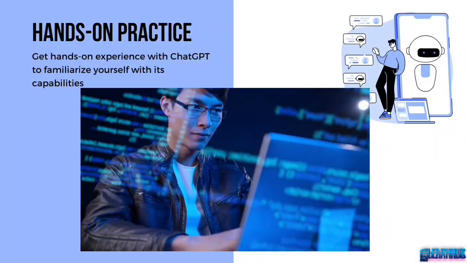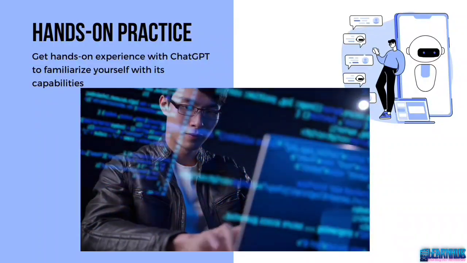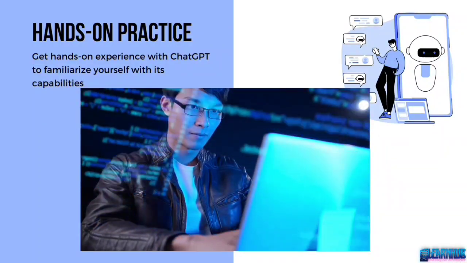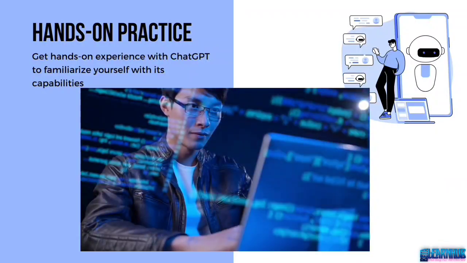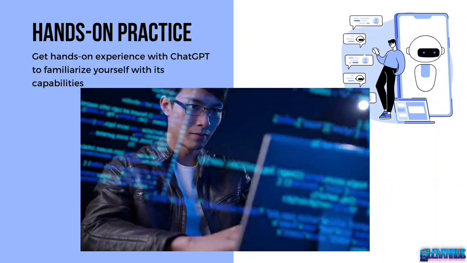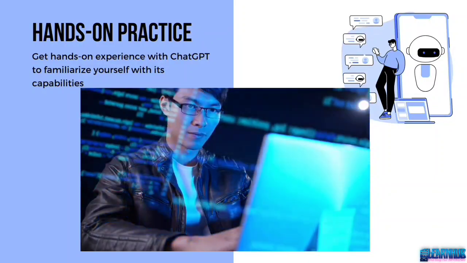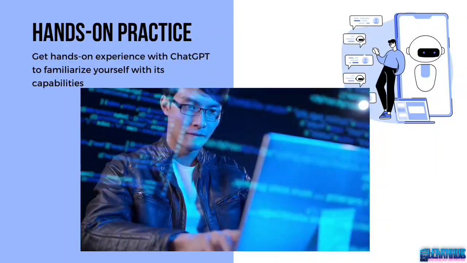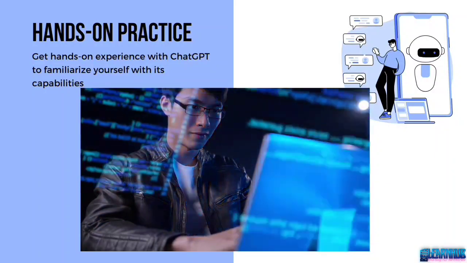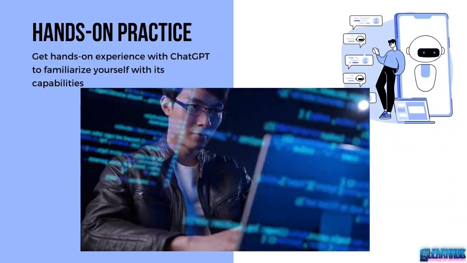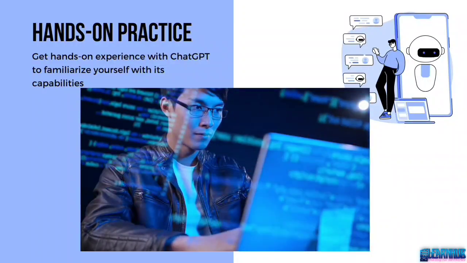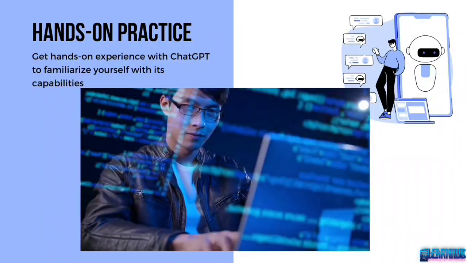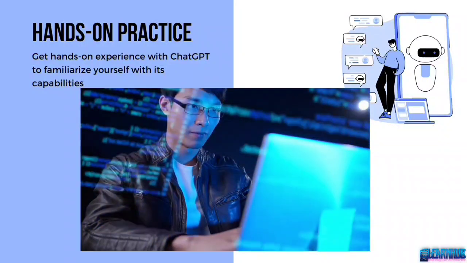ChatGPT is a complex tool that can be difficult to use if you're not familiar with it. So, by becoming familiar with ChatGPT, you will be able to use it more effectively and efficiently, which will save you time, of course, and help you learn more quickly. So, how can you become familiar with ChatGPT? Well, the first step is to spend some time exploring the features and its capabilities.